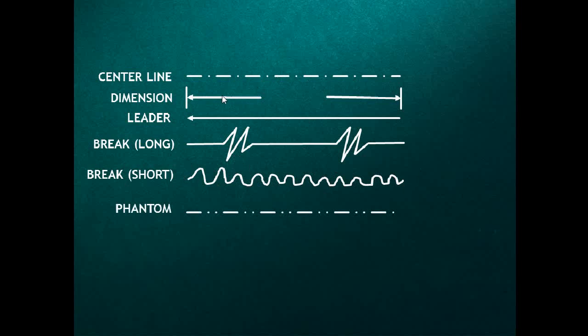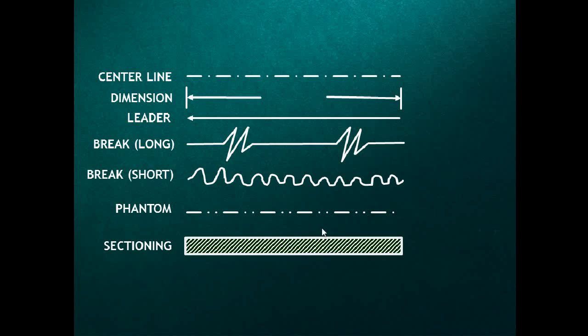And then this one is the phantom. Much like the center line, but this one has two smaller dashes at different intervals. Then sectioning, which is usually a cut of an object. These are used in utilities and detailed drawings.